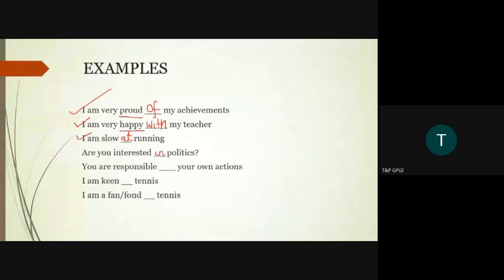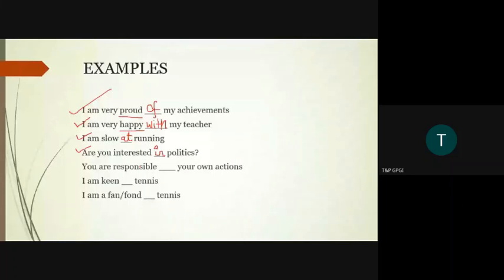I am interested in politics. Okay, over here. All right, moving on with another preposition. These are examples of prepositions, and I'm teaching you how to use them in a sentence and how to identify them in a sentence.